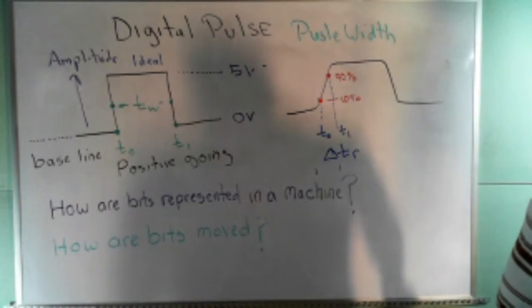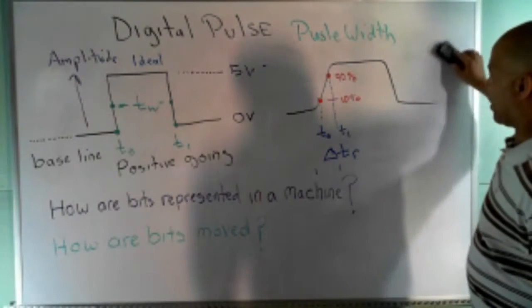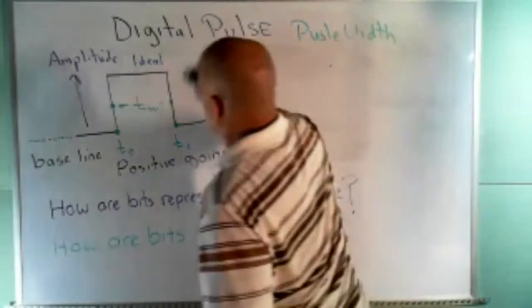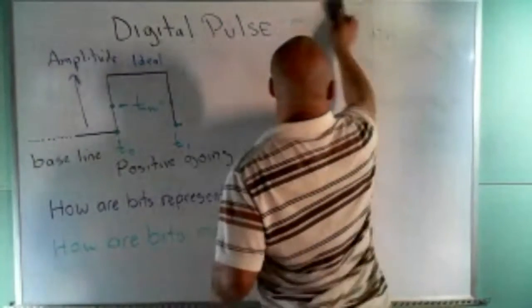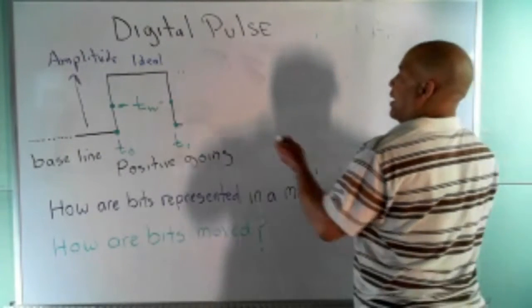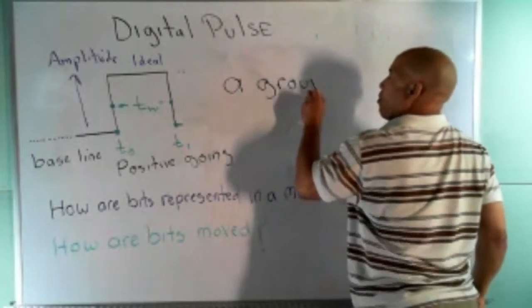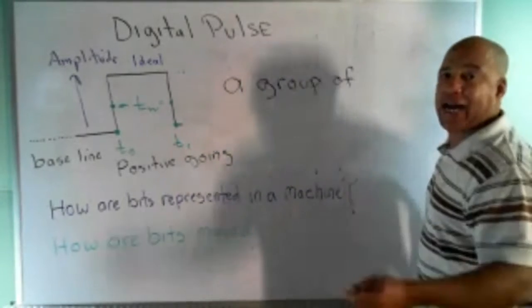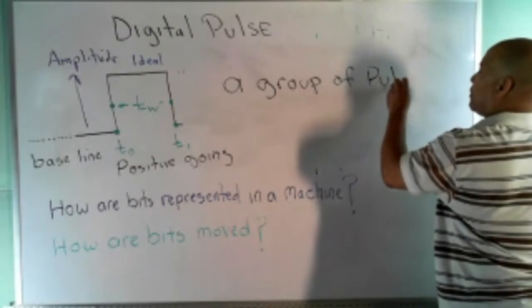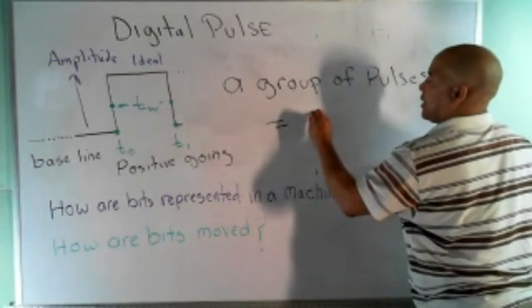So I have this pulse, and what I can do now with these pulses, a group of pulses, a group of positive-going pulses and negative-going pulses, is called a signal.